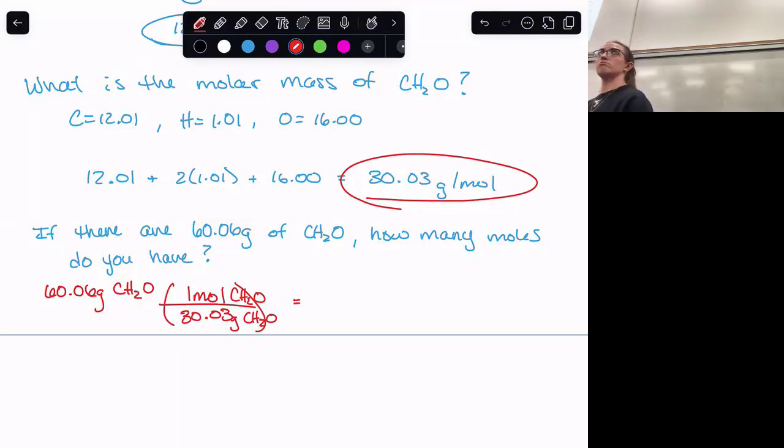So when we do multiplication and division, we have our grams on top and our grams on bottom, so we're just left with moles. That put us in the unit that we want.